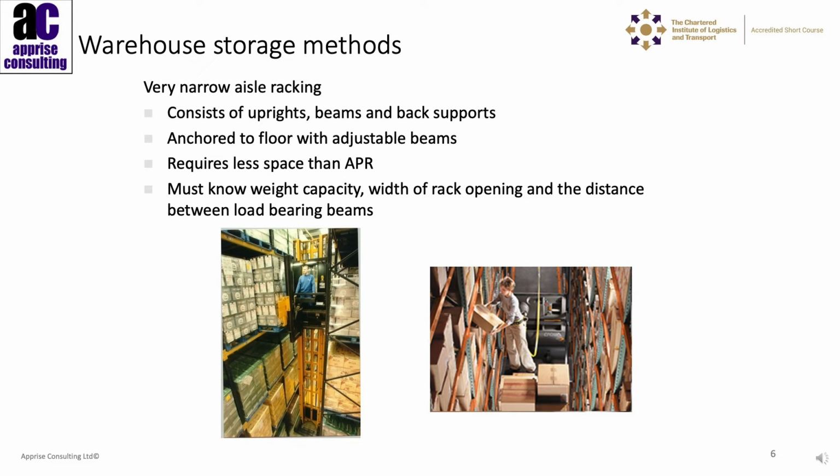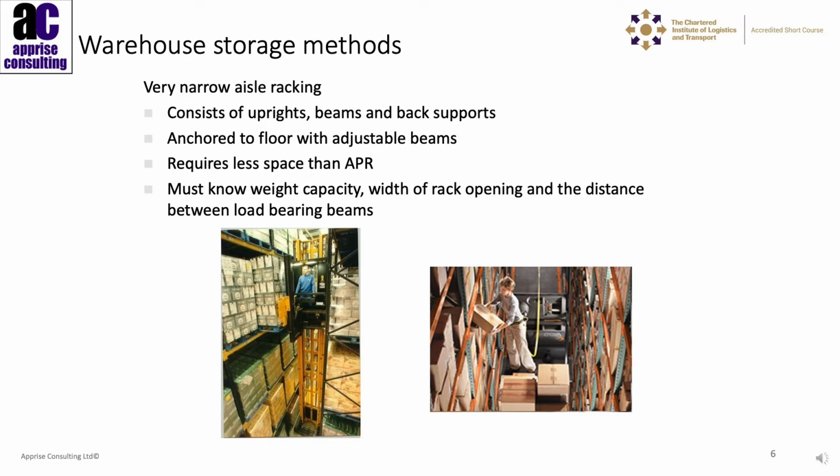In terms of warehouse storage, we can also go to narrow aisle. So adjustable pallet rack or selective racking can be used for wide aisle racking, but also for narrow aisle racking as well. So it's exactly the same racking, it's just the fact that the aisles are narrower, and we can see the photograph on the left hand side.